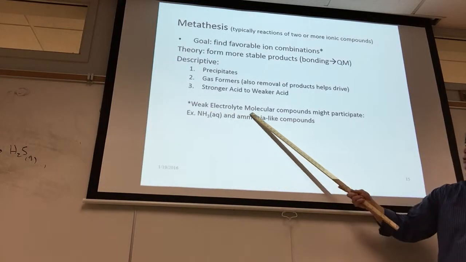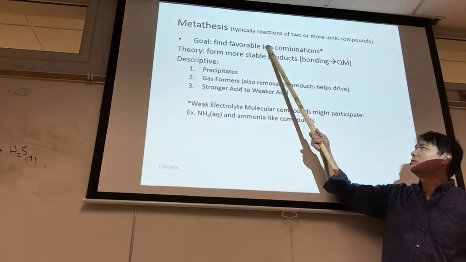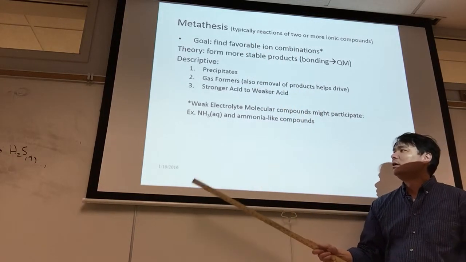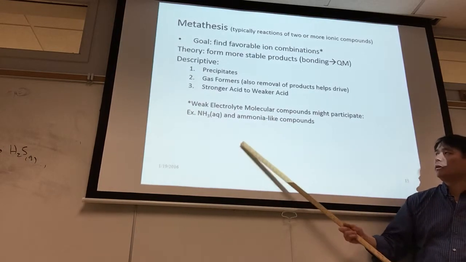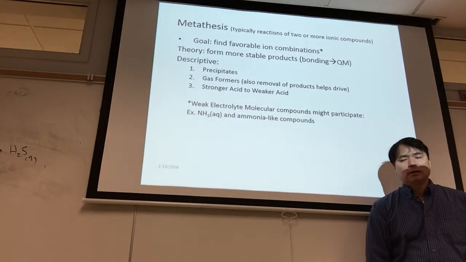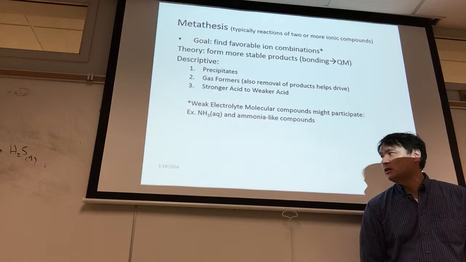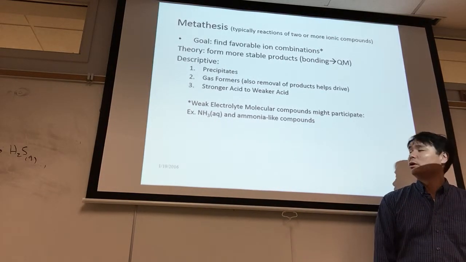We look at weak electrolyte molecular compounds that might participate. Usually in metathesis we look at ions. However, there's a class of molecular compounds that participate, and these would be the amines. Organic compounds are classified depending on their structural group.